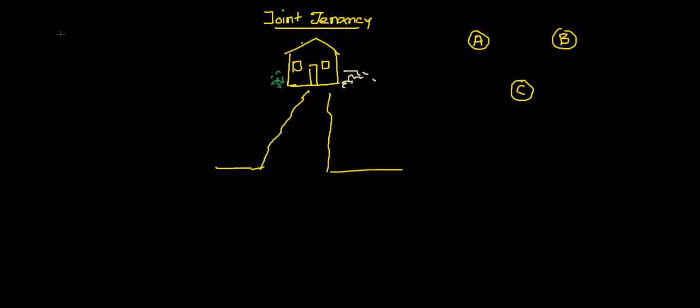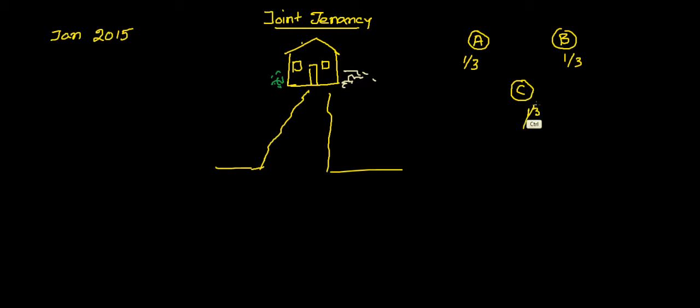So let's think that they did that in January 2015. They create this joint tenancy, and they are equal. So this whole thing, their ownership is 1/3, 1/3, and 1/3.